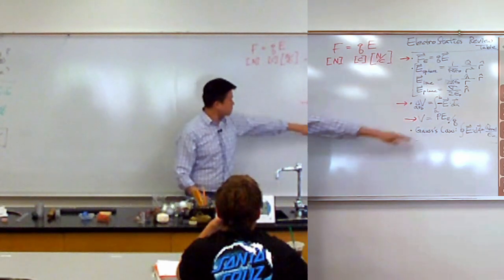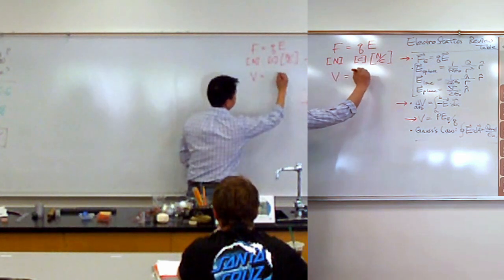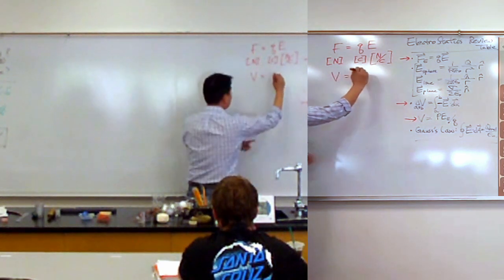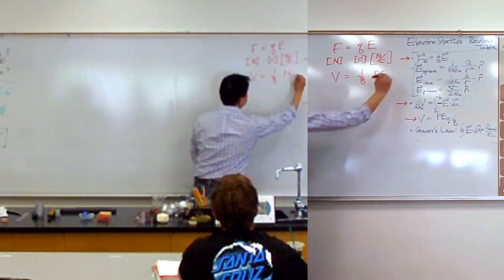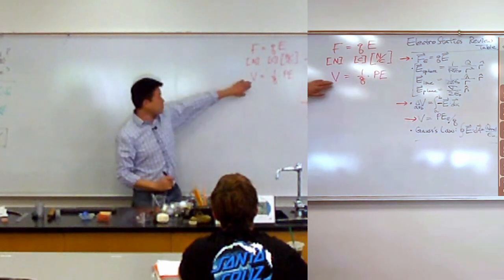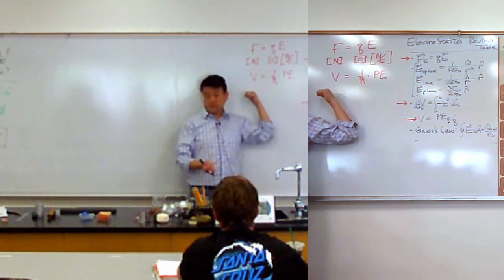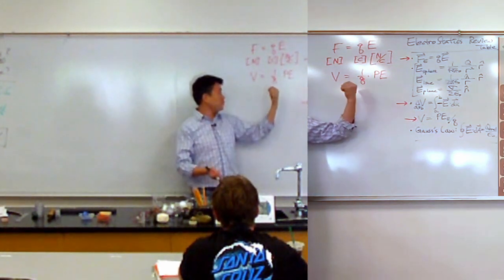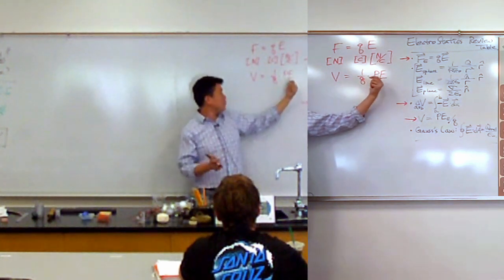It comes from here: volts is equal to 1 over charge times some amount of potential energy. This is the new quantity that you may not know the unit of quite yet, but you know the unit for the charge and the potential energy. What's the unit of potential energy?